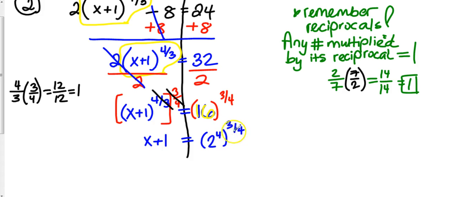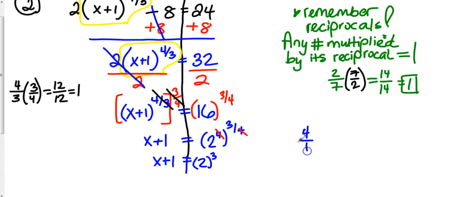Well, 4 times 3/4, these 4's cancel out, and I'm left with x plus 1 equals 2 to the 3rd.